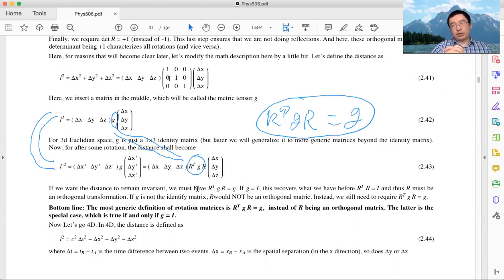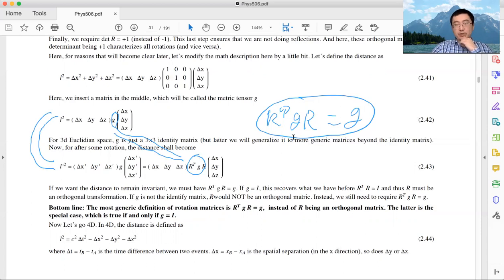In other words, I need to make sure that all my rotational matrices do not change my metric tensor. So this R transpose G R is how the metric tensor is rotated. It's a response to spatial rotation. So the metric tensor is a tensor. As we know, a tensor responds to rotations with two rotational matrices, one on the left side, one on the right side.